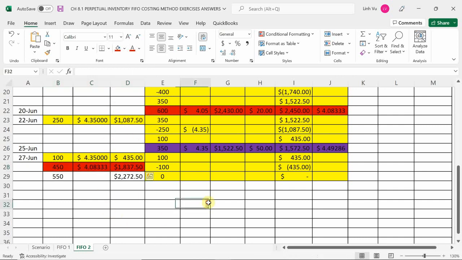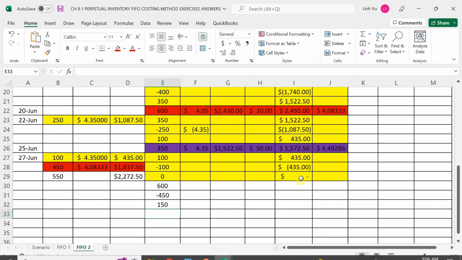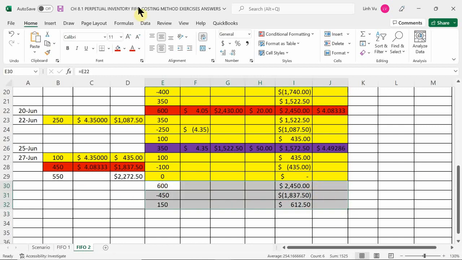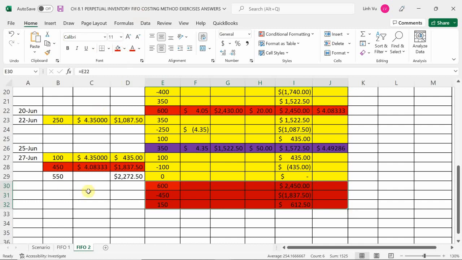Okay. So let's go ahead and figure that number out. If my red batch was way up here at 600 and I just sold 450, I should have 150. You should have 150 left. And then here 2450 minus 1837.50 is going to give you an even $612.50.